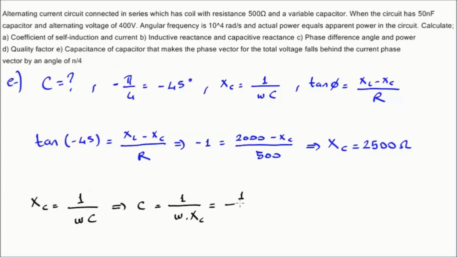When I substitute the values, omega 10 to 4 times XC, which is 2500, it's going to be C equal 4 times 10 to the power of minus 8 farad. Thanks for listening.